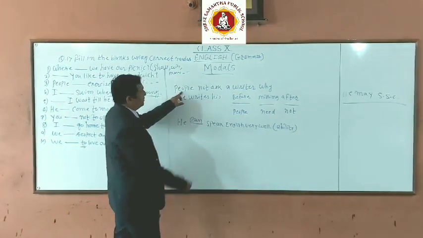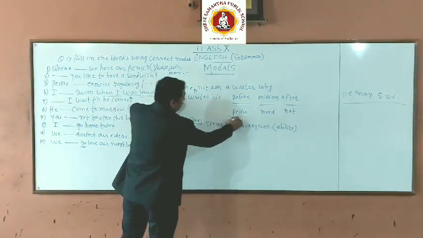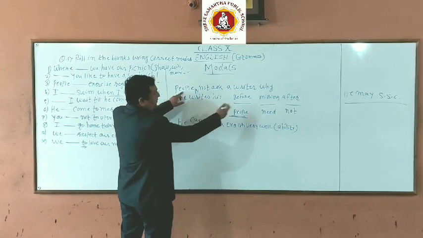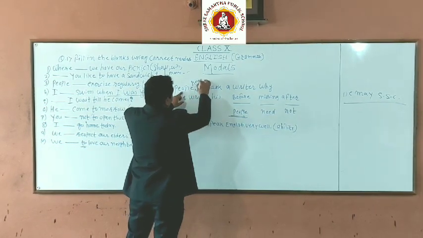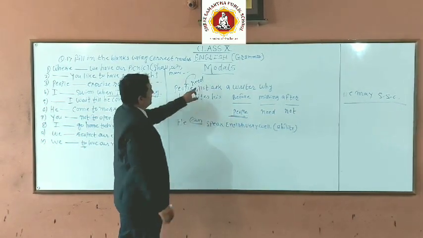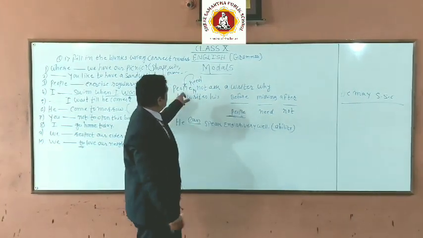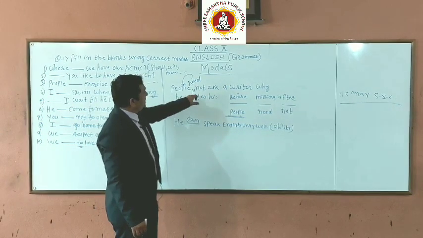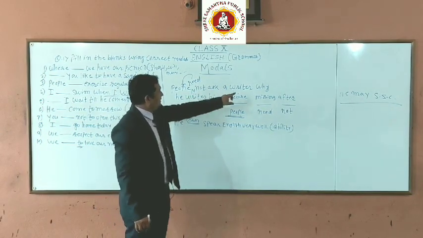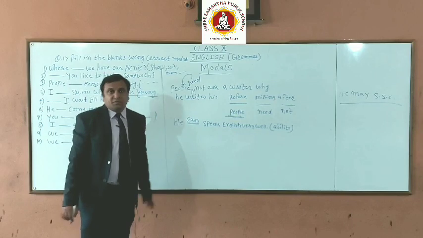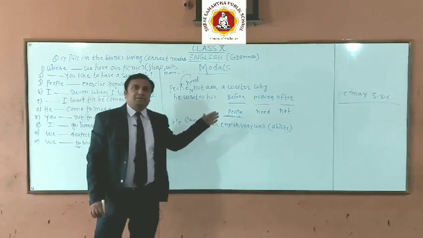So here, after the word people, before that, need is the missing word, and not. So: people need not ask a writer why he writes. In this way one passage will be asked.